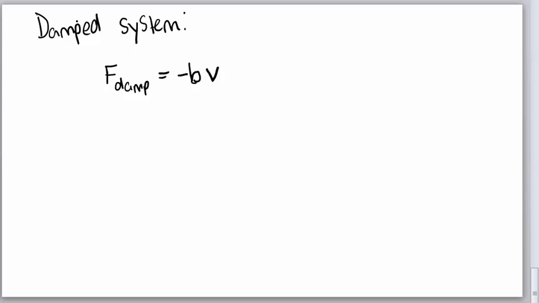So the total force becomes mass times acceleration, which is also equal to minus kx minus bv. We have an additional parameter here that has to do with the damping force.